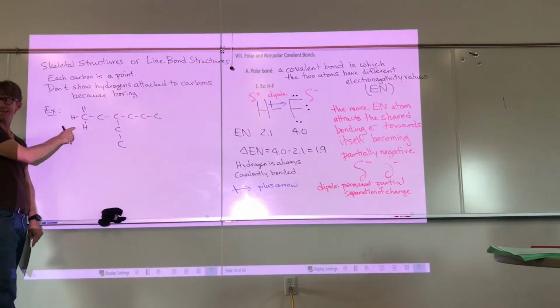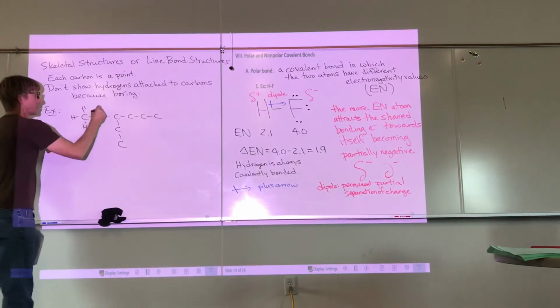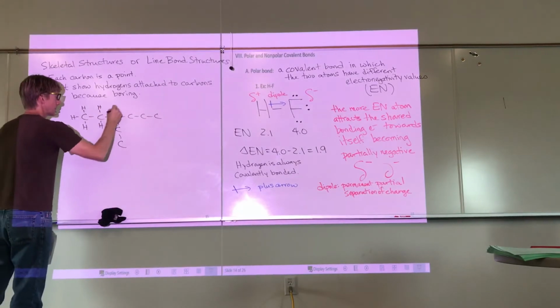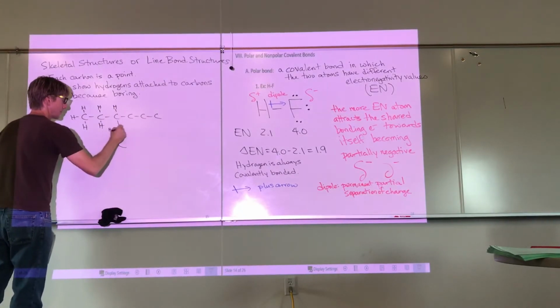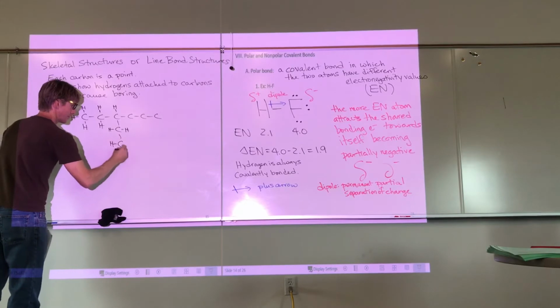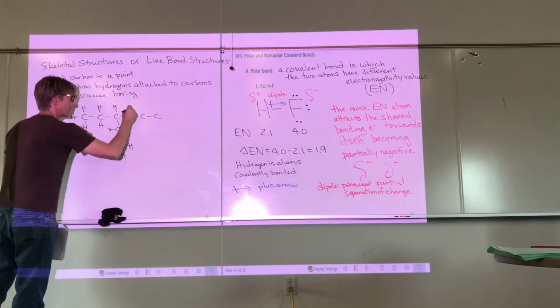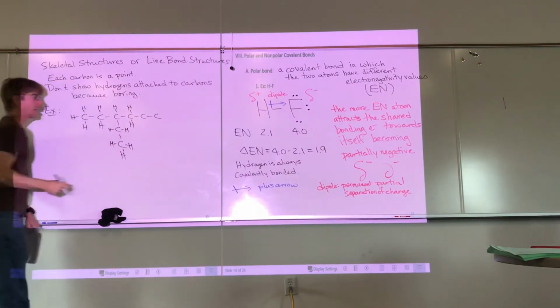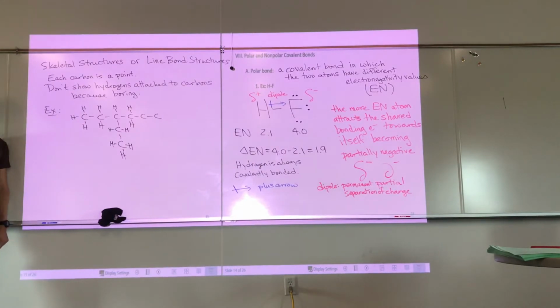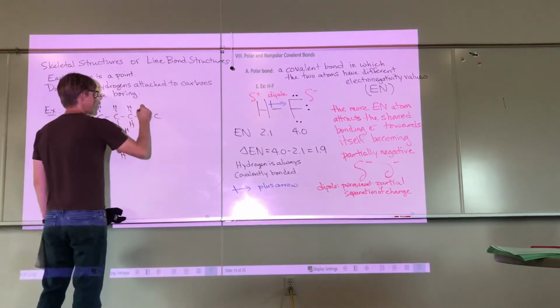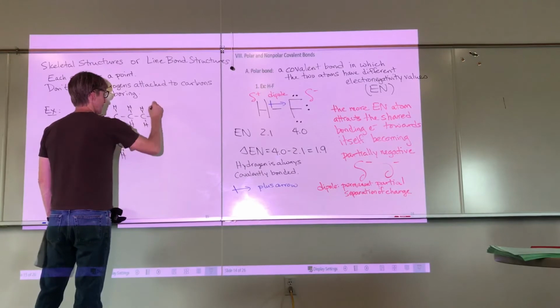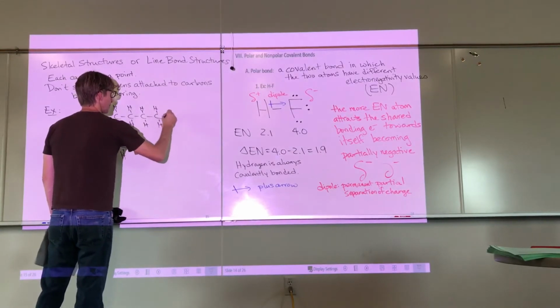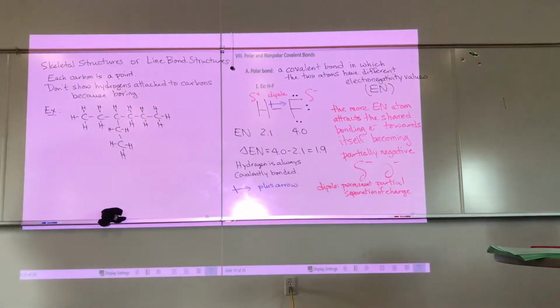Any bonds that you cannot see are to hydrogens. I'm already tired of drawing hydrogens. So that's an example of a Lewis structure with all the carbons, hydrogens, all the atoms, and all the bonds.